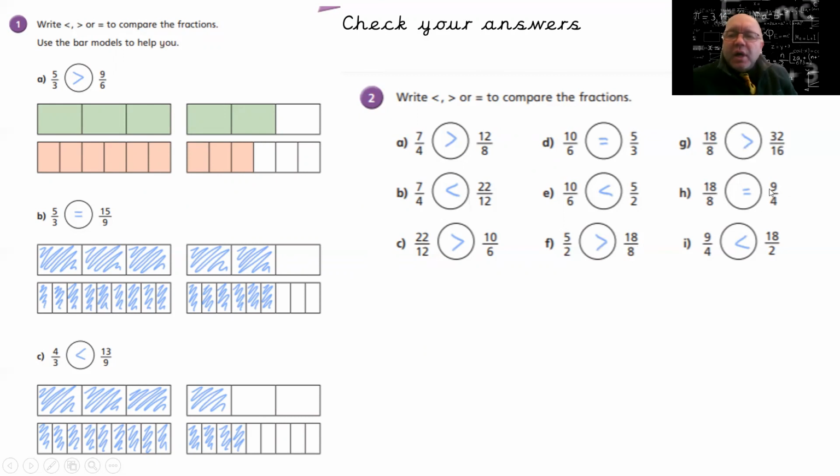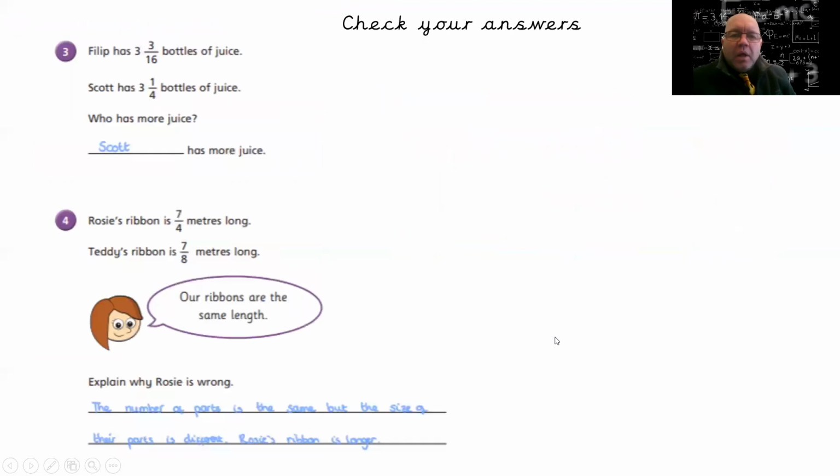On H, I am going to double my 9/4, which gives me 18/8, which is equal. And finally on I, I am going to double my 18/2, which is 36/4, which is greater than 9/4. Okay, so that's 1 and 2.